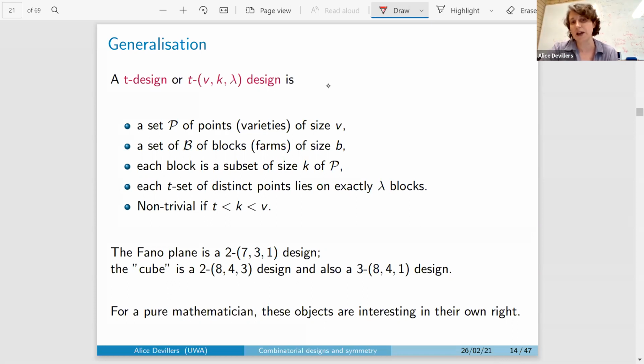The cube was a 2-(8,4,3) design, but also a 3-(8,4,1). I think I forgot to mention that, but if you take a triple of varieties, it's always in exactly 1 block. As a pure mathematician, I'm just interested in these objects in their own right. I never think about the statistical applications when I work with them, but it's where they come from.